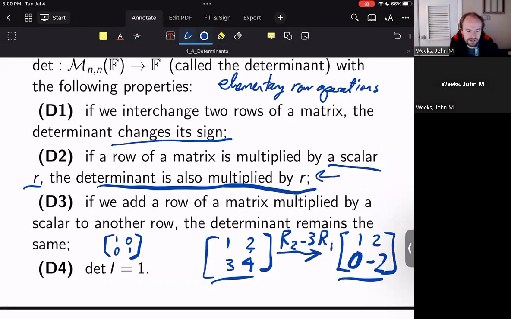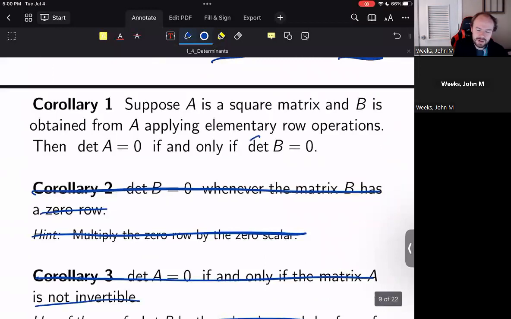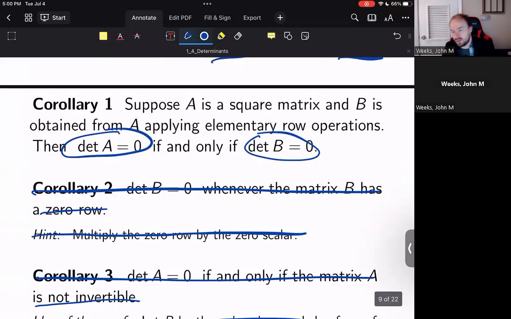Multiplying by a scalar r, well, we're not trying to multiply any of our rows by 0. That's not going to work for us. So we are always going to get something non-zero from applying D2. And then finally, D3, doing this operation makes the determinant remain the same. So with these 3 row operations, we're never changing something away from 0 if it is 0. And if we get something that is non-zero, indeed, that means our determinant was non-zero to begin with. So this is our if and only if way of clarifying this.